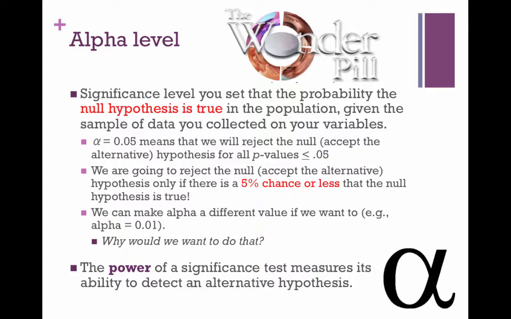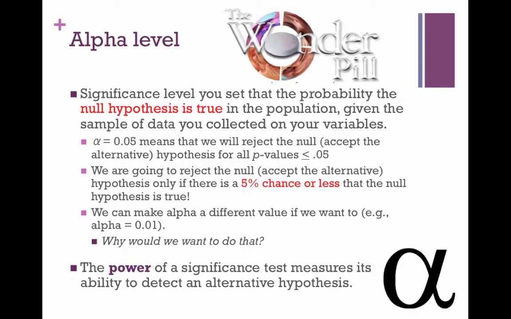If our alpha level is 0.01, we're saying that we're going to accept the alternative and say that yes, there really is a difference, if the null hypothesis is only true 1% of the time or less. That's a pretty good claim, right?